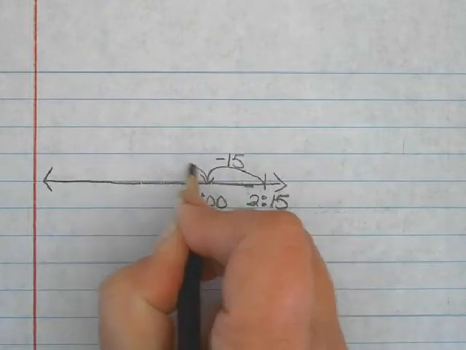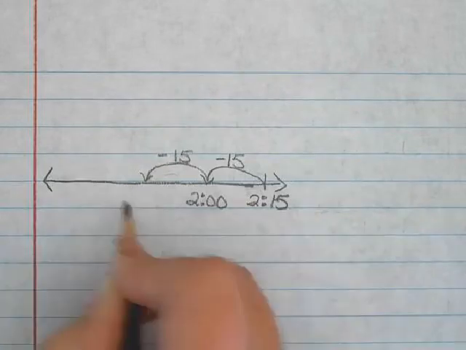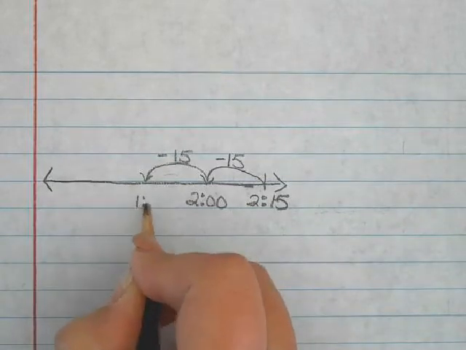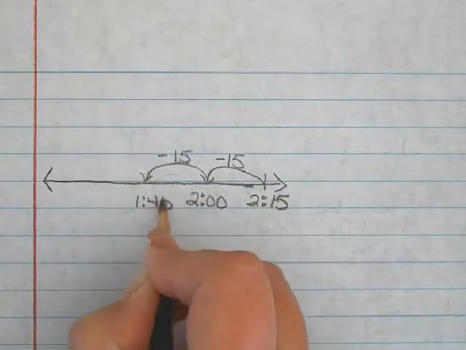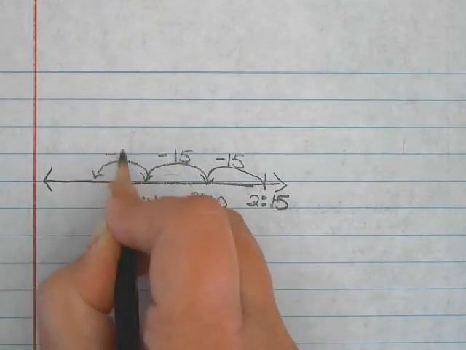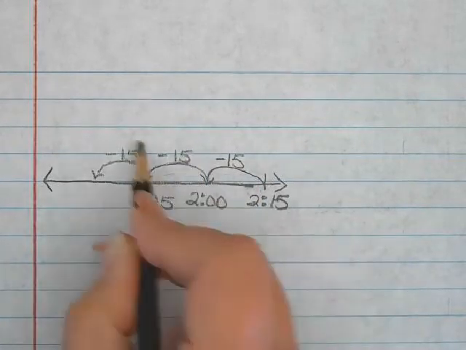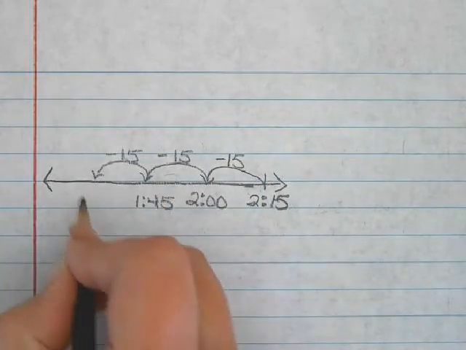Go back another 15-minute interval, and that would put us at 1:45. Go back another 15 minutes, which now makes 45 minutes, because 15 and 15 is 30, plus another 15 is 45.